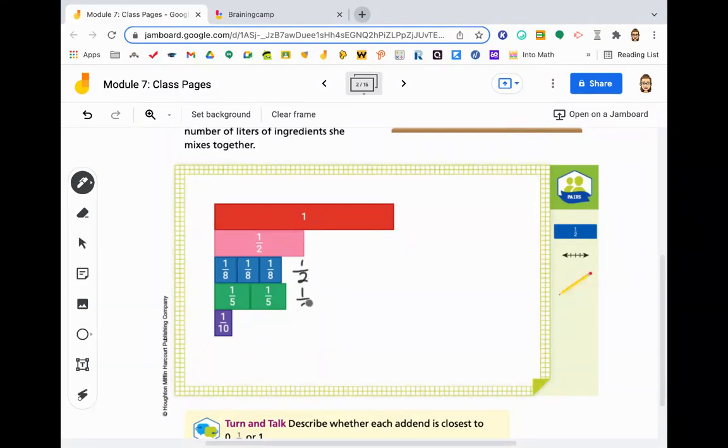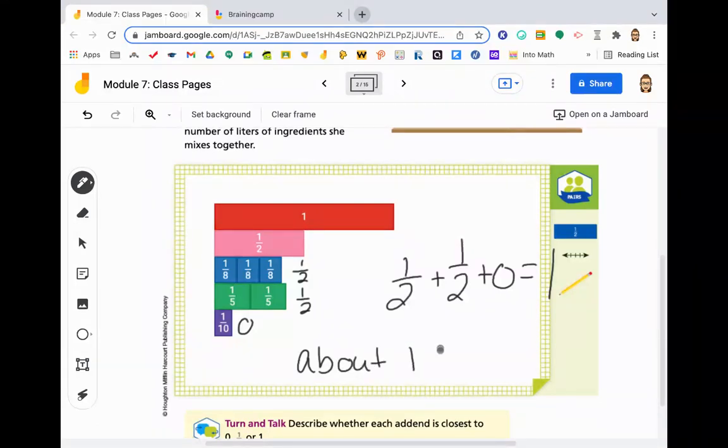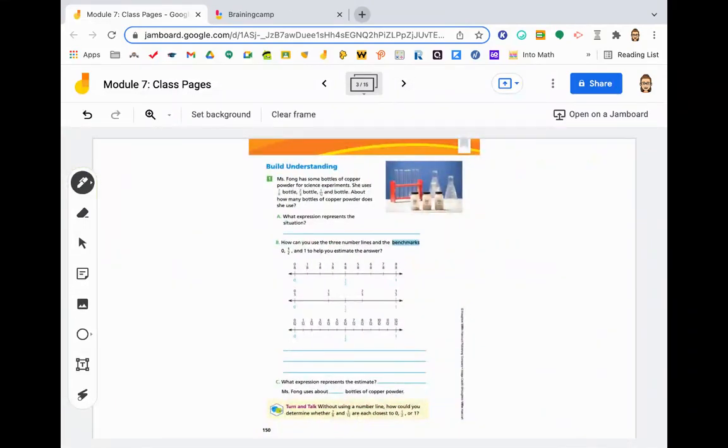And I'd say a half. 1/10, I would say is 0. So we'd have 1/2 plus 1/2 plus 0 equals 1 as your estimate. So about 1 liter. Then we're going to go to the next page.